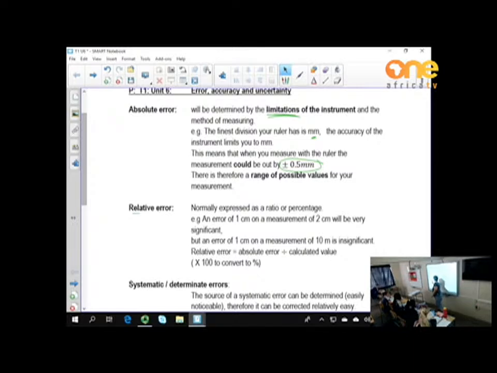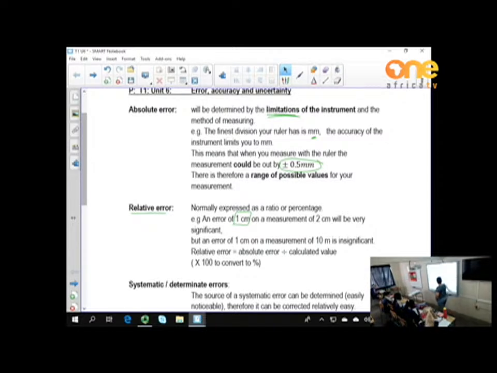A relative error. We said normally it's expressed as a ratio or a percentage. For example, the example we did this morning as well, an error of 1 centimeter on a 2 centimeter reading is major. It's a 50% error. But an error of 1 centimeter on 250 centimeters is almost nothing. Okay.